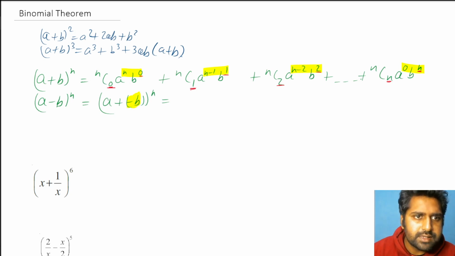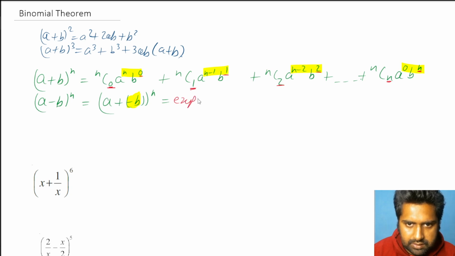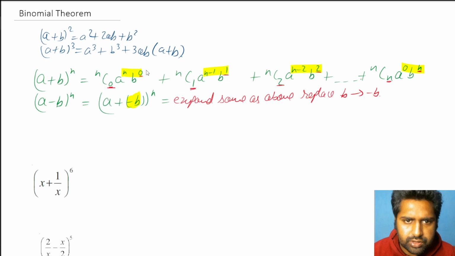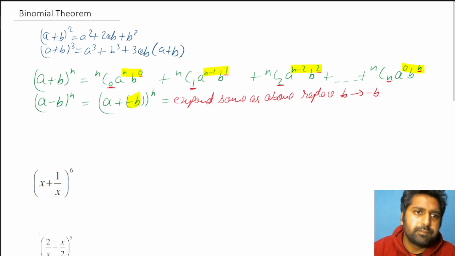So what you have to do is expand the same as above and replace b with minus b. Instead of writing b, write down minus b. So (−b) raised to power 0, (−b) raised to power 1, (−b) raised to power 2, and so on. Basically, every time you have an odd power of b, the negative will come outside. Every time you have an even power of b, it cancels out. So this is binomial theorem basically.